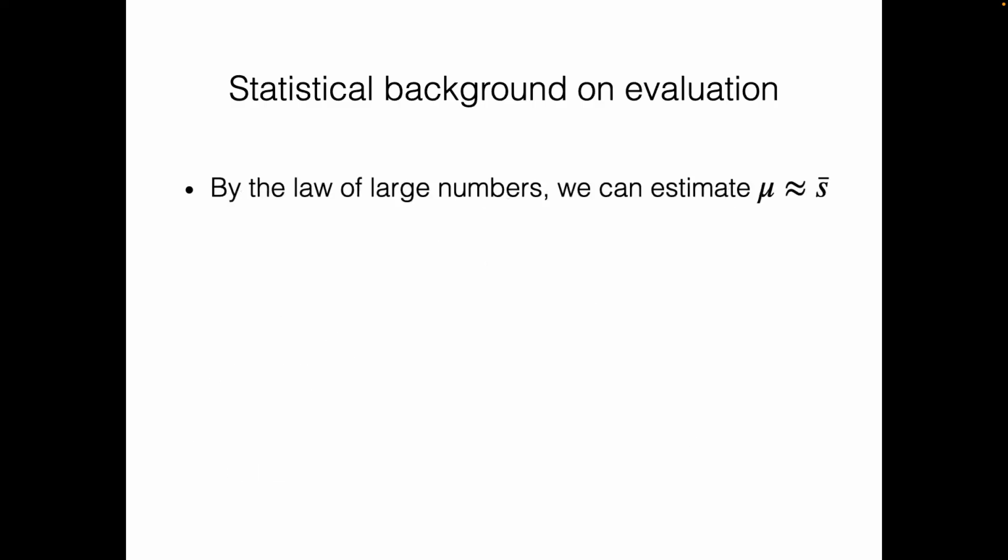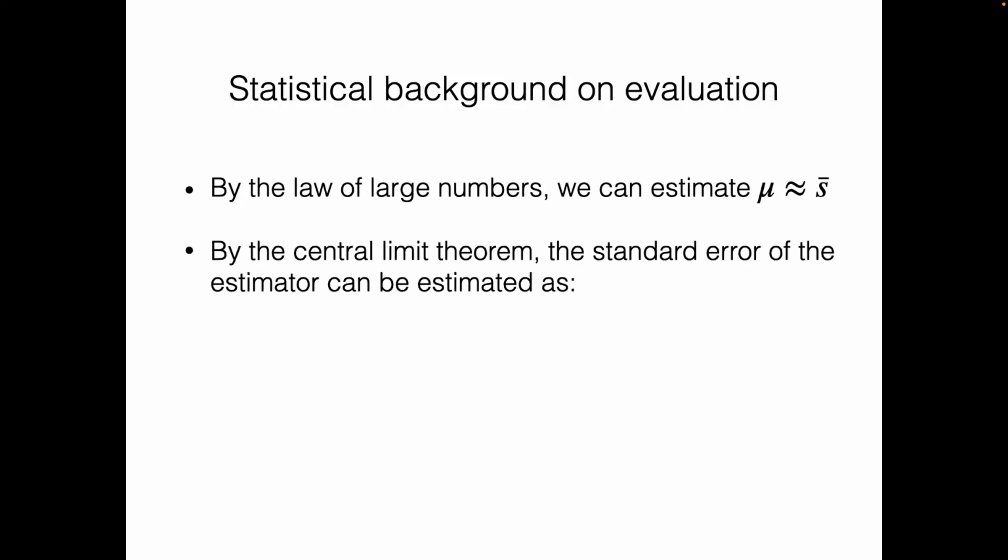As you sample more and more, as you increase n, eventually this will converge to the true mean mu. But in practice, we're using a small number of examples in the evaluation set, so we incur some error in this estimate of the mean.